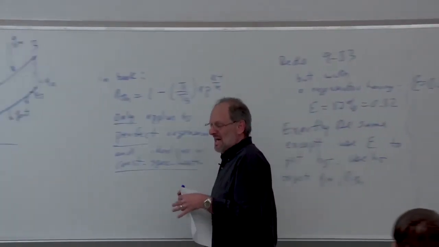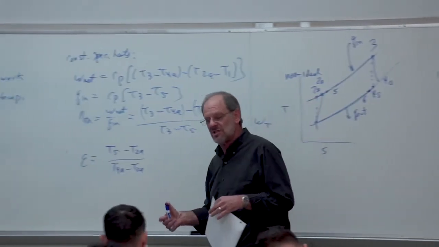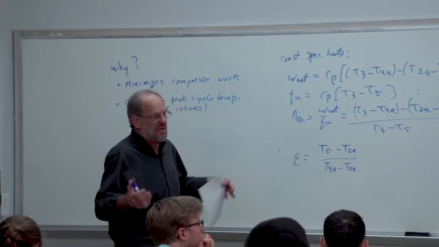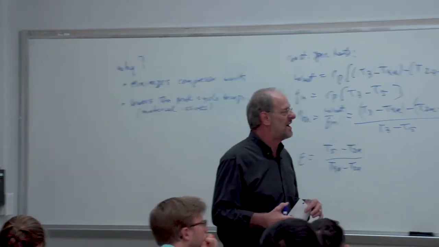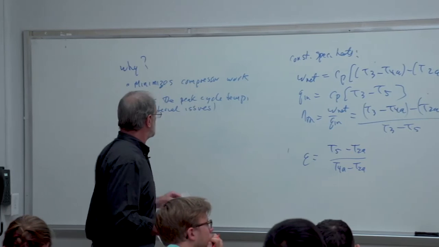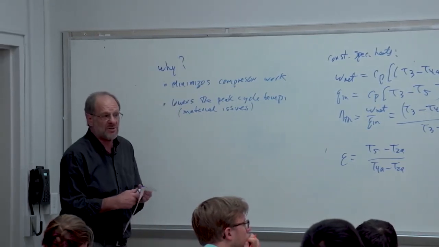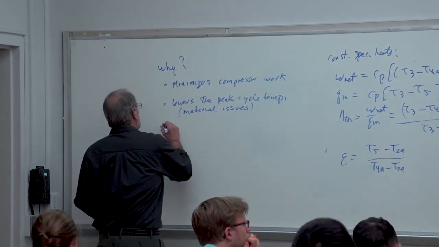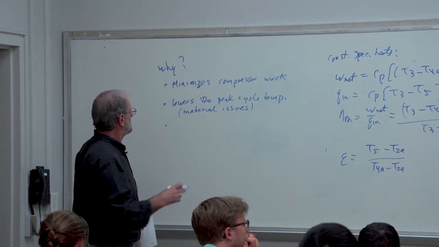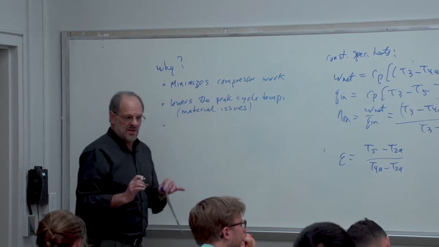It may not be absolutely best from a thermodynamic efficiency point of view. The higher the temperature, the higher the efficiency, but it's hardly worth it to build something with high efficiency if it's just going to break down because the materials can't handle those temperatures. So this is going to lower the peak cycle temperature, which is a good thing, at least from a materials point of view.